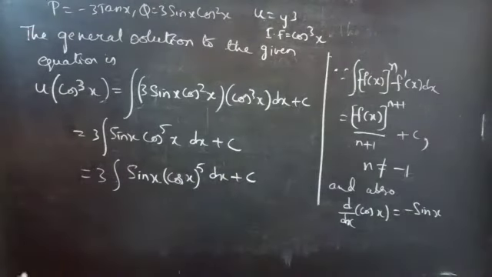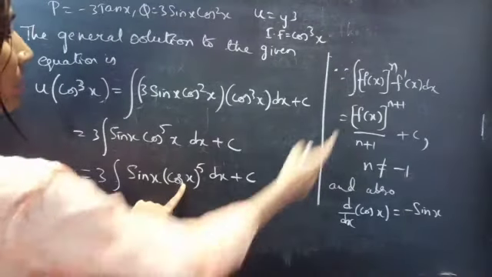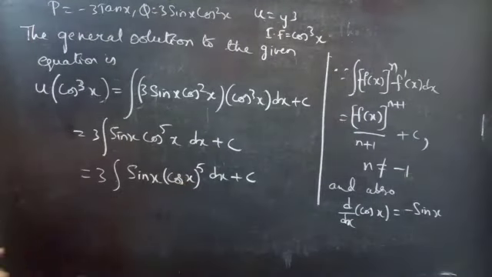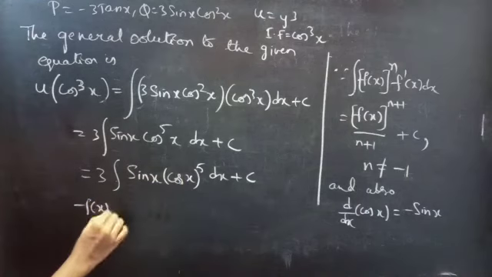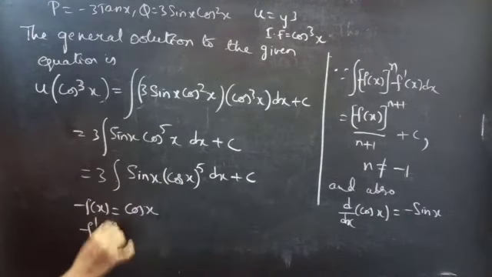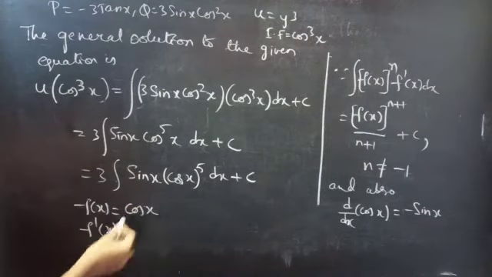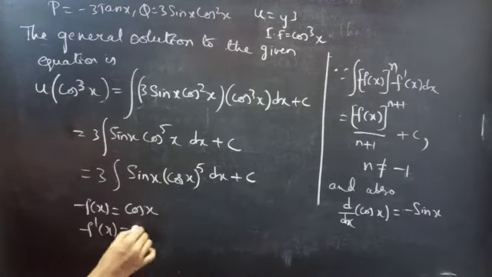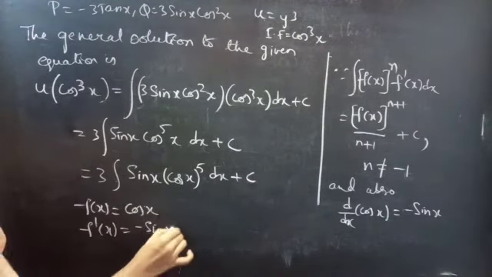Now consider f of x as cos x. Then f dash of x, that is the derivative of cos x with respect to x, is minus sin x.